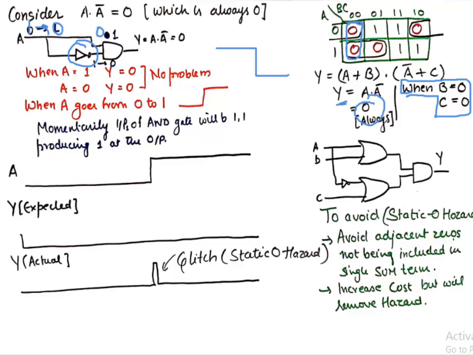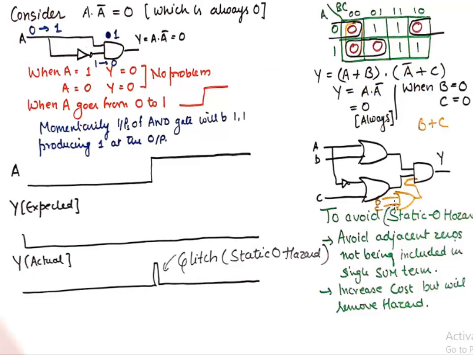So if we add this term here, b and c are added, b plus c is the additional sum term. So whenever these two are zeros, the output of this AND gate will always be 0. Whatever propagation delay is being generated here, it will not affect the output because a 0 from here will permanently make this 0.